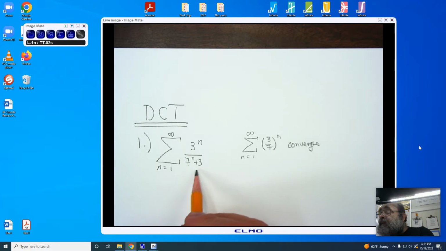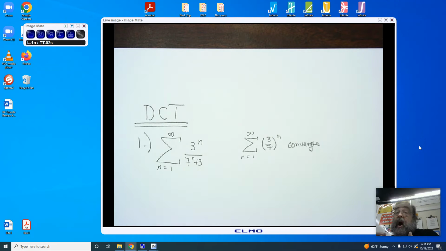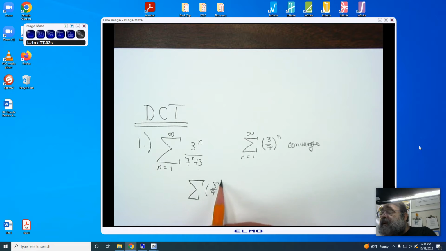Since I know that every single term in the series that I'm working with is going to have a larger denominator, a larger denominator automatically implies that I have a smaller series. So we can definitely say that the series 3 over 7 to the n is larger than the series 3 to the n over 7 to the n plus 3.